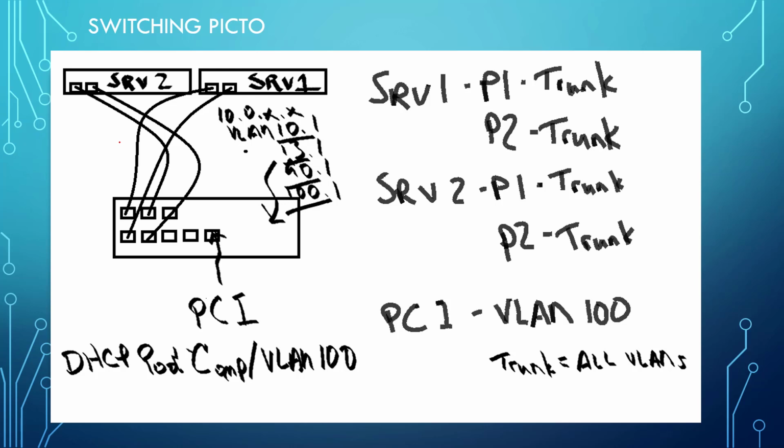Remember, a trunk link allows all VLANs to traverse that trunk link. So ports 1, 2, 3, and 4 will be for our vhosts, and we'll create our port groups with VLAN IDs on those virtual hosts, and the trunk will allow that communication accordingly.